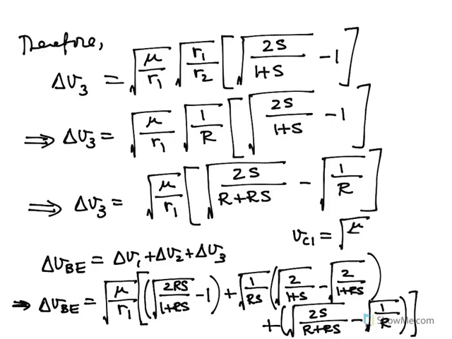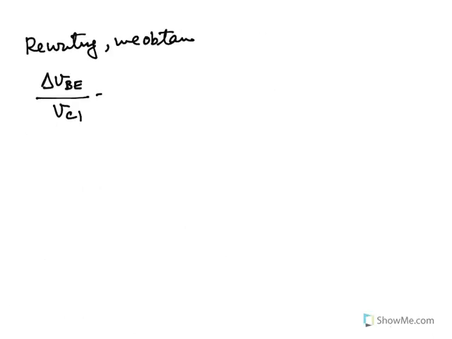So as a result, we're going to normalize everything here by that quantity. If I normalize by that, everything goes away except for the square root of VC1, because I've put it in the denominator on the other side, and we wind up with the following result. We wind up with the square root of 2rs all divided by 1 plus rs minus 1.